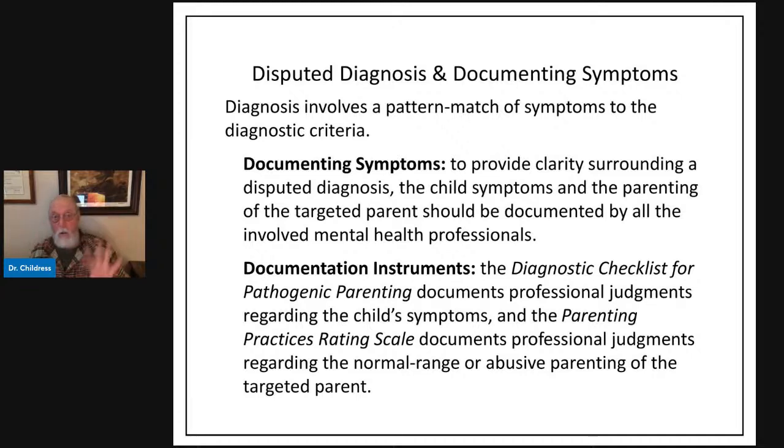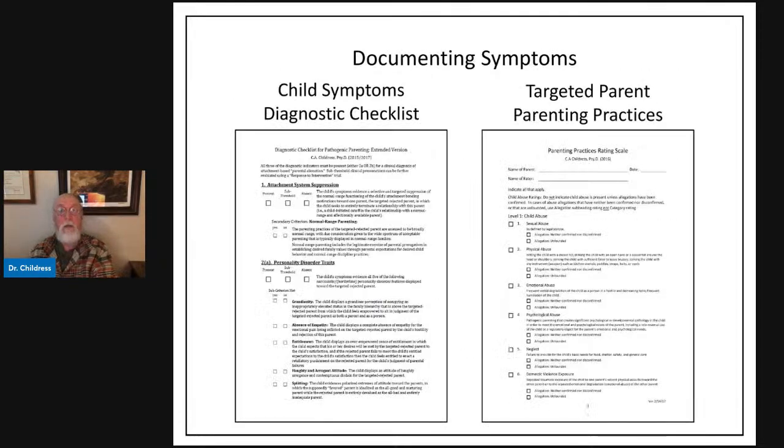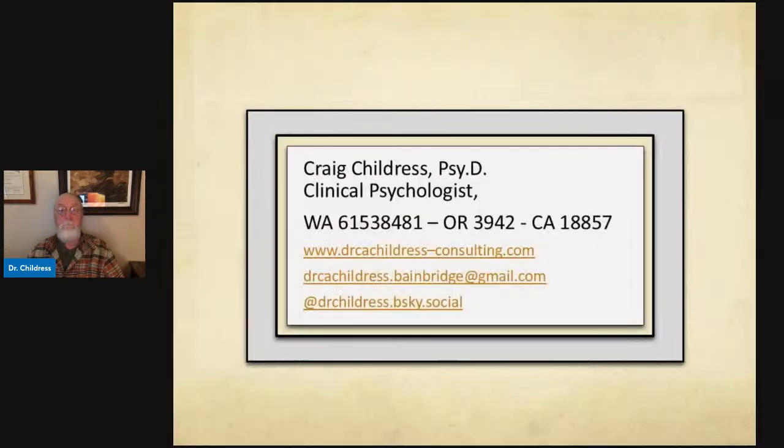And so all the mental health professionals should also complete that so we can get clarity on what they're seeing and any discrepancies in what they're seeing and get that cleared up. So those are the 2 instruments: for the child symptoms, the diagnostic checklist, and for the parenting of the targeted parent, the parenting practices rating scale.